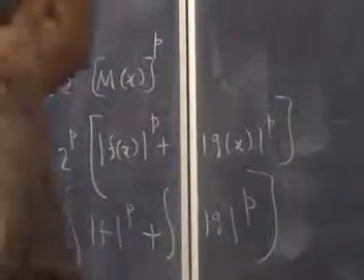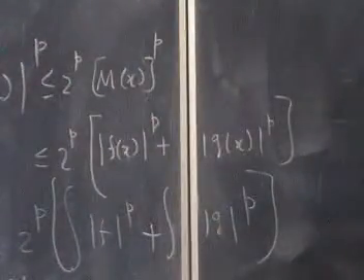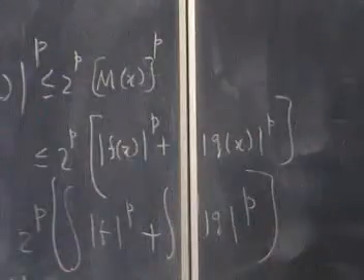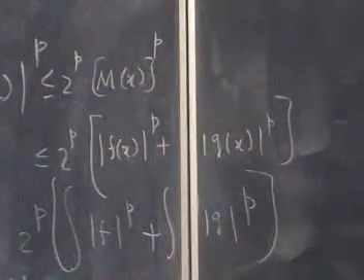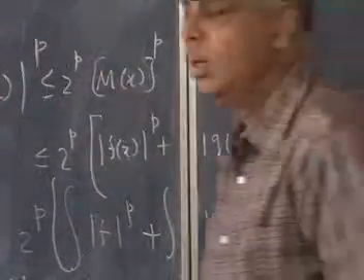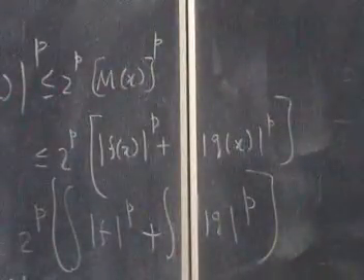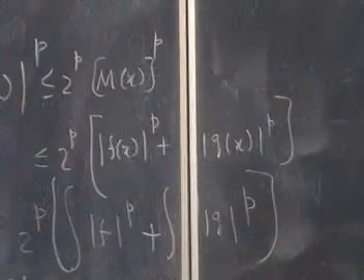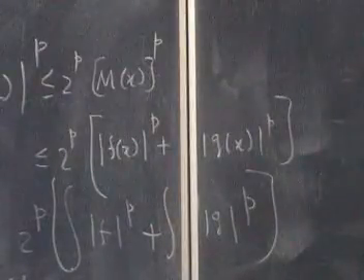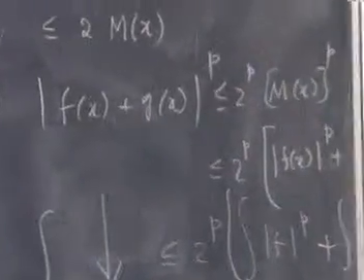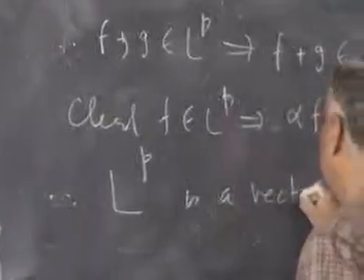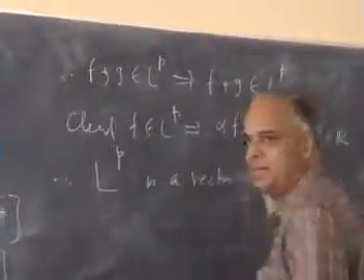Now clearly f belonging to LP implies alpha f belongs to LP for every scalar alpha. Why? Because when I integrate alpha fx to the power of p, only alpha to the power of p will come out. The rest of it is finite anyway. So therefore, LP is a vector space. Well, I put therefore, but the rest of it is obvious.